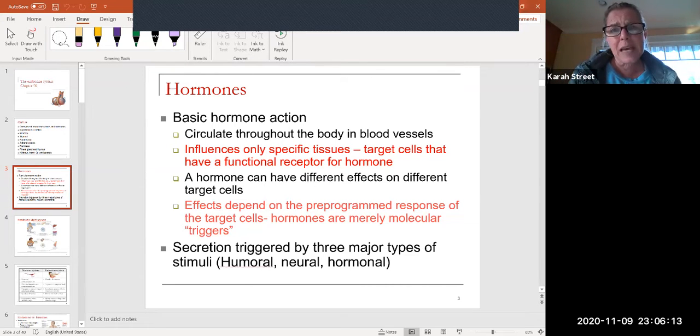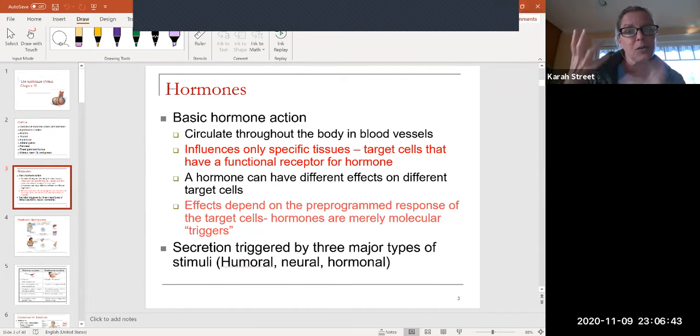Some of you might have satellite dishes. Your satellite dish is a receptor for wavelengths, signals coming from space. If your satellite dish is hit by lightning and is broken now, those signals from the satellites out in space are still sending signals down to Earth, but you're not receiving them anymore because your satellite dish is broken.